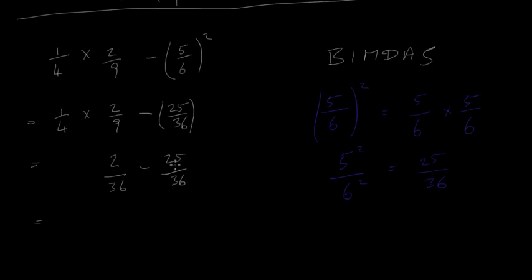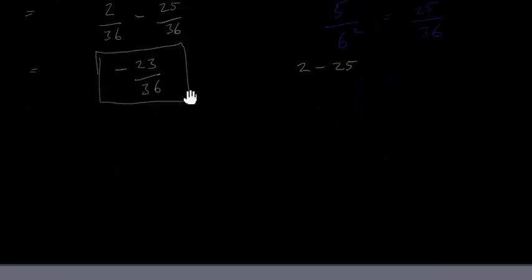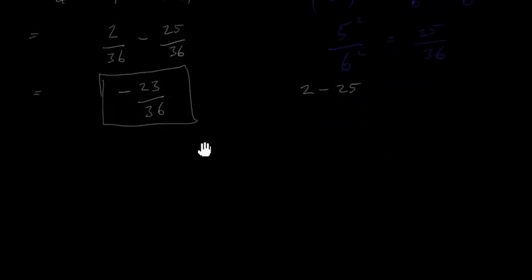So 2 minus 25 is really what we're doing. 2 minus 25 will bring us down to minus 23 36ths. And that's it. This is our answer here. So when you do all of this, this is what you end up with. Okay, so let's do another one then.